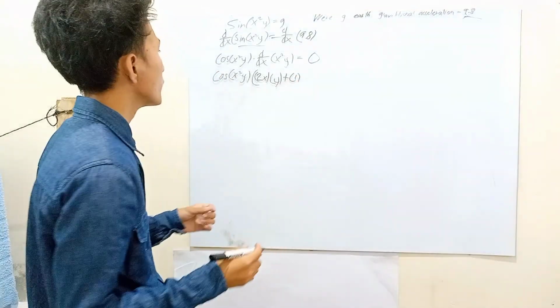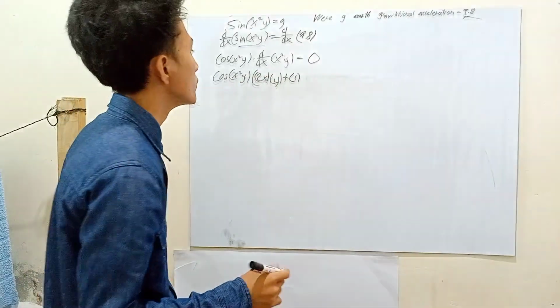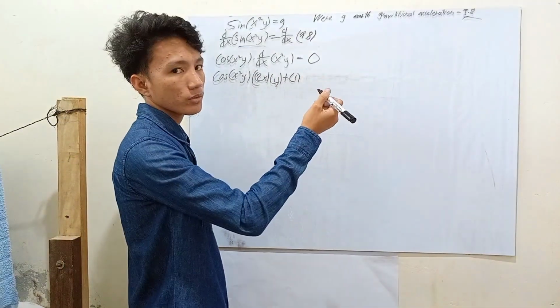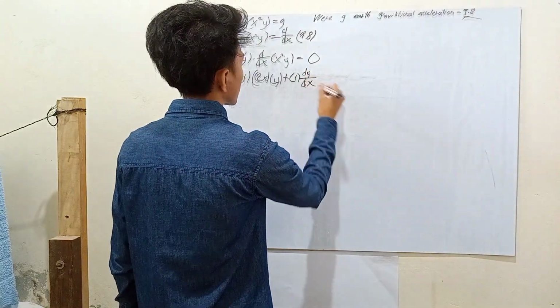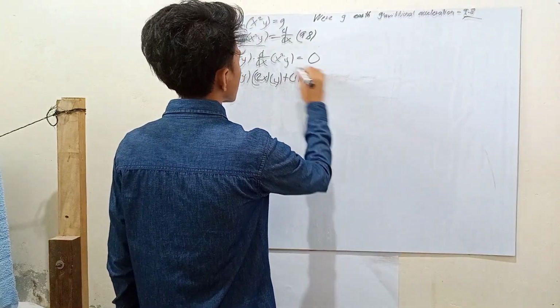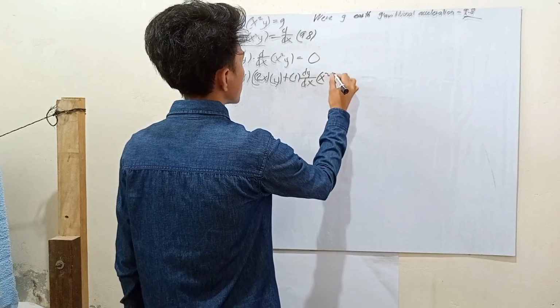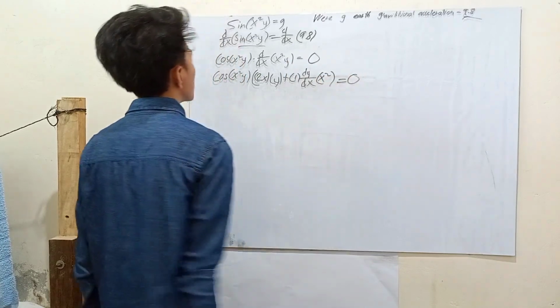Always remember that when you derive a y variable, you need to multiply it by dy over dx, multiplied by x squared, equals 0.